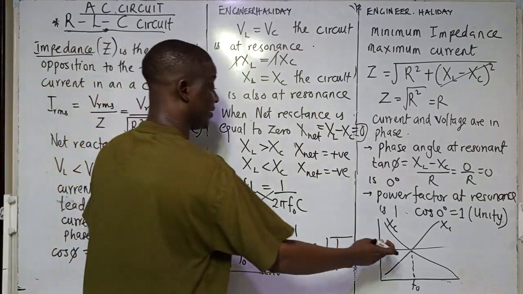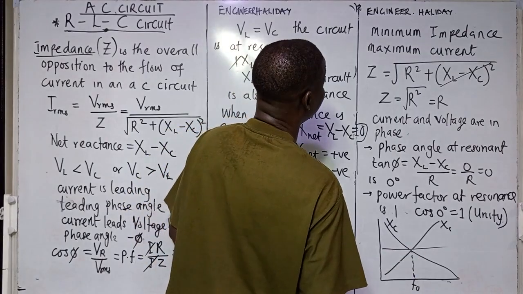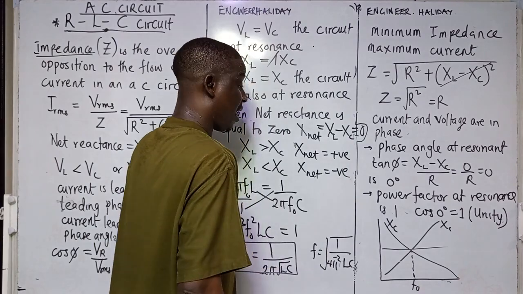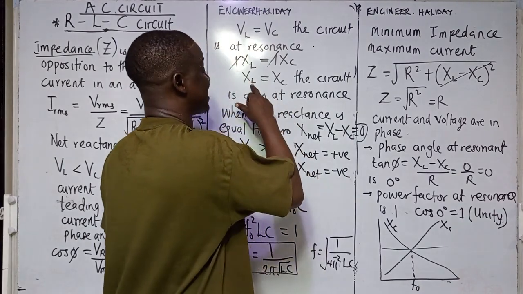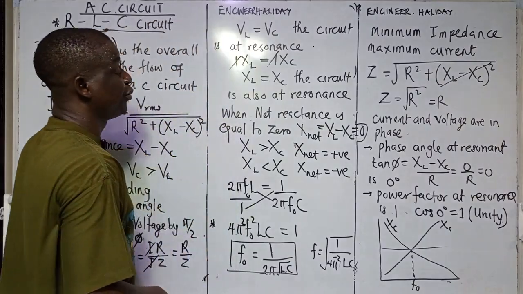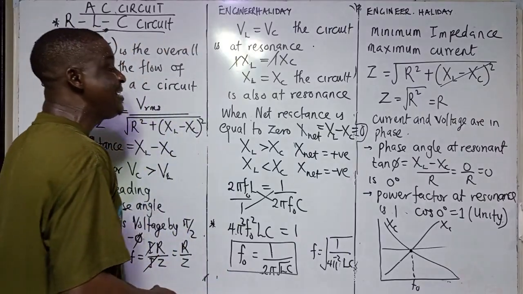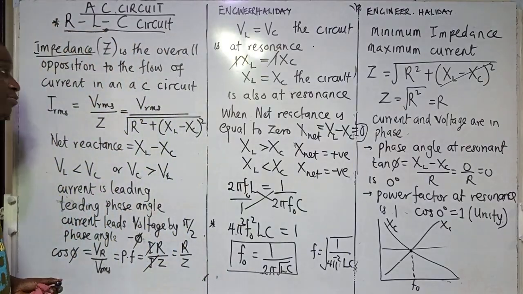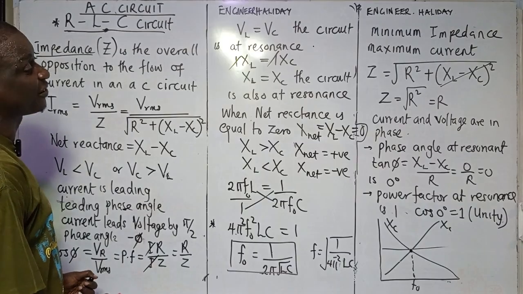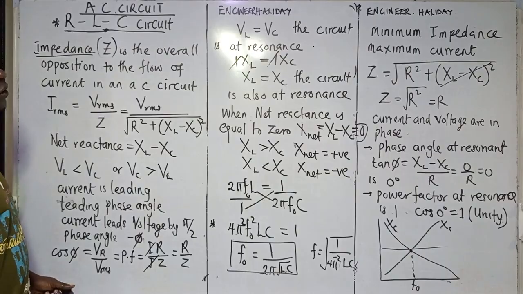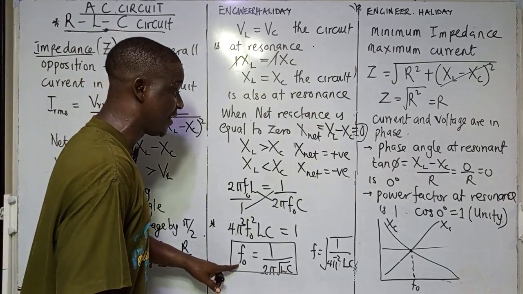So resonance frequency is always the point where XL is equal to XC, and it produces maximum current and minimum impedance for an RLC series circuit. So take note of this resonance frequency.